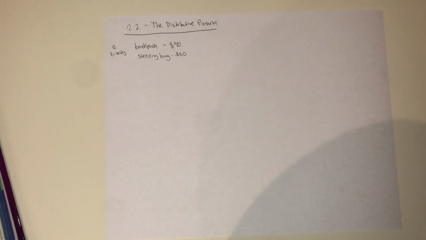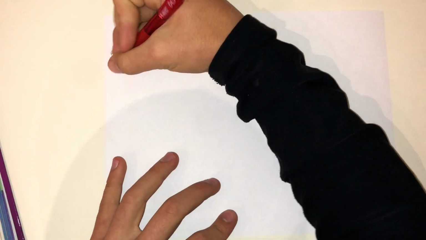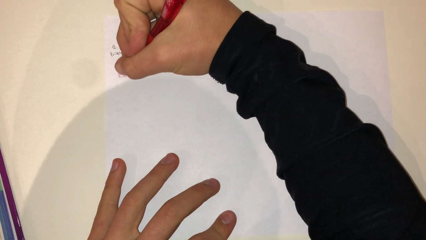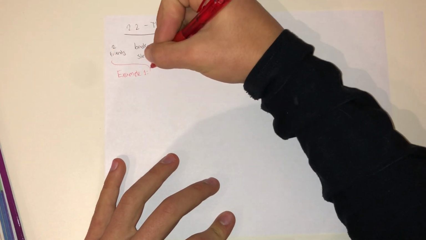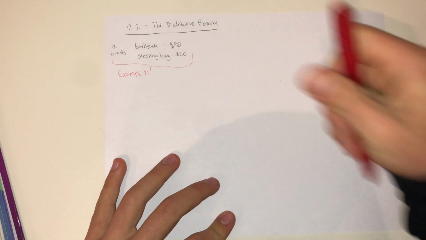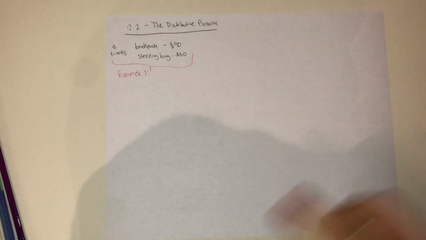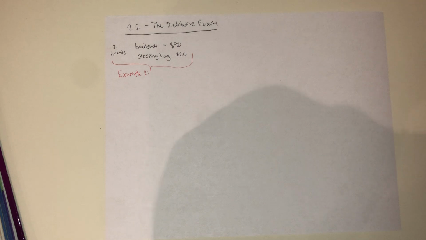This brings us to example 1, which uses this scenario as the basis of it. Example 1 is all of this. So you can use two methods to find the total cost of the camping trip. Method 1 is to find the cost of one backpack and one sleeping bag.